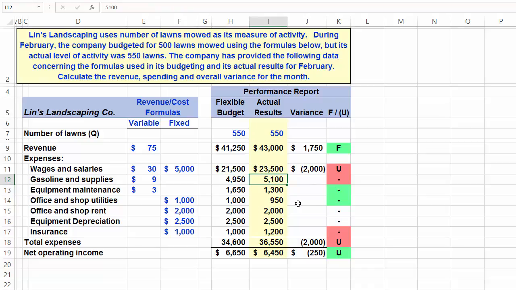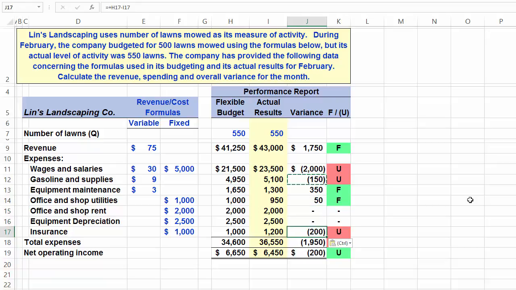Instead, we spent $5,100. And, perhaps that is because we used more gas than anticipated. And I don't know, the cost per gallon was a little bit more. And we'd have to investigate that as the accountant for the company. At any event, the variance would be $150 unfavorable, and we could do that same process for every one of these expense accounts, calculating a variance.